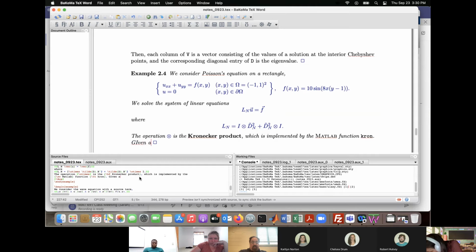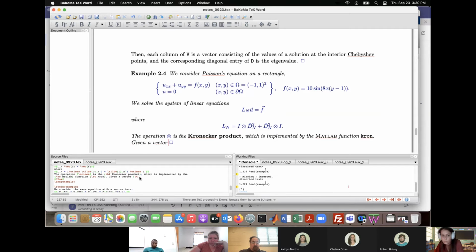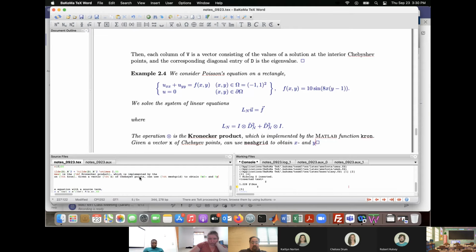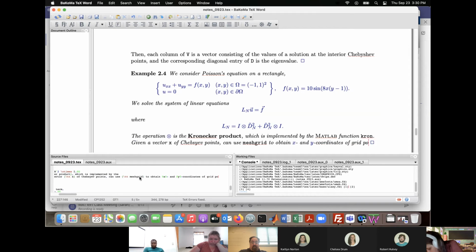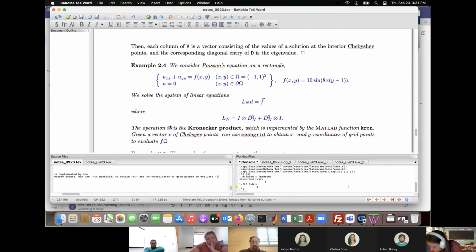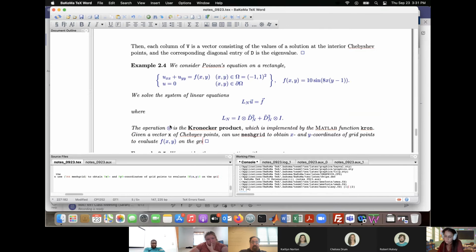Given a vector x of Chebyshev points, you can use Matlab's function meshgrid to obtain x and y coordinates of grid points with the same Chebyshev spacing, to evaluate f of x, y on the grid.